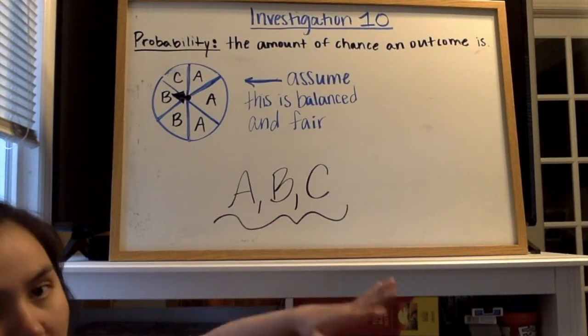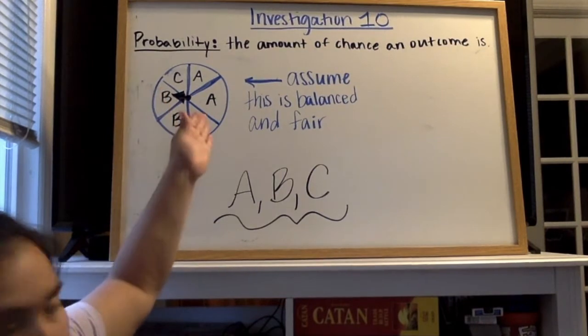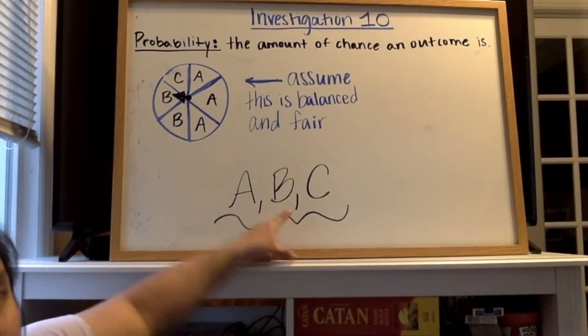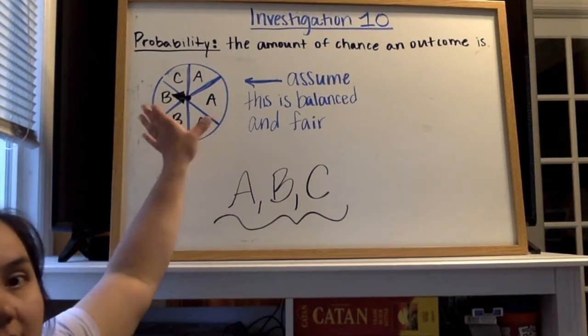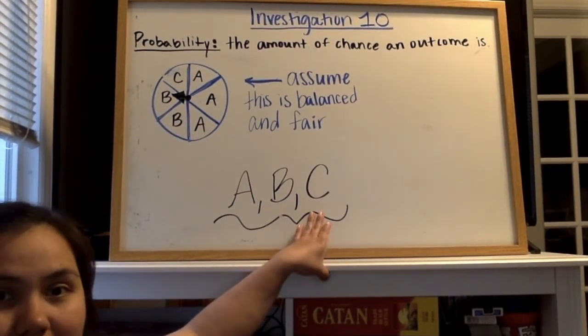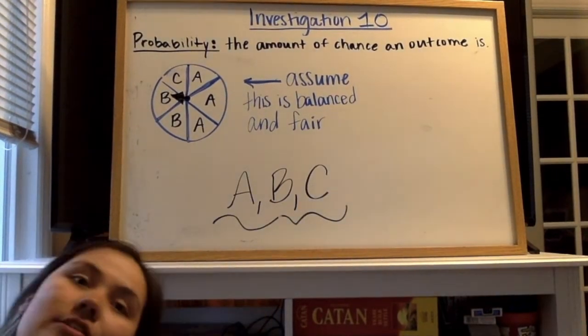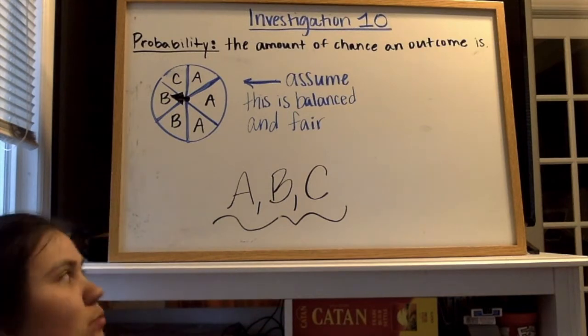Just one of them, not all of them. So does it have a chance to land on A? Yep. Does it have a chance to land on B? Yep. And it has a chance to land on C. Okay? So if you spin it, it is for sure going to land on one of these. You are certain. So if you're certain that something's going to happen every time, that probability is 1.